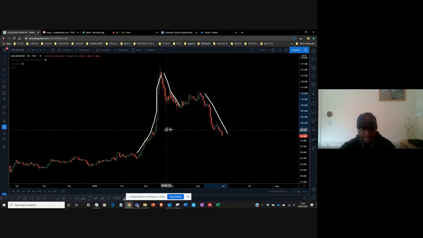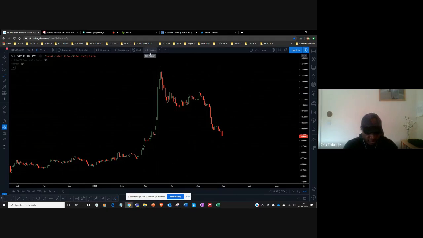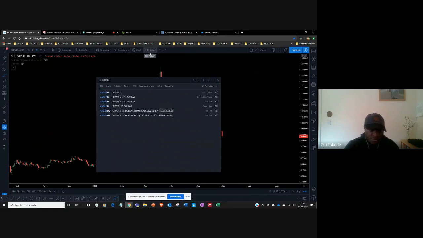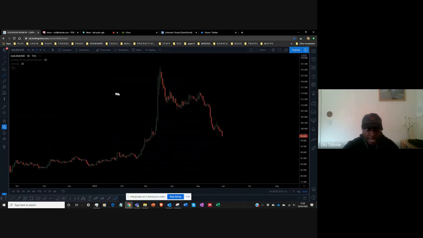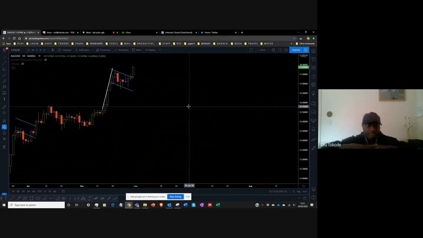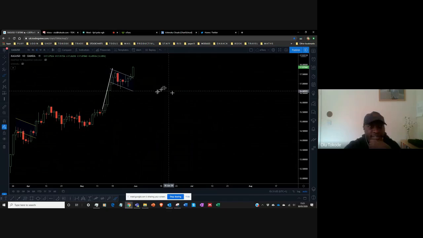I don't know if you have noticed, for the past two weeks, silver has been very strong, very strong candles. But gold has been very weak. It's not really moving that much. Look at yesterday.